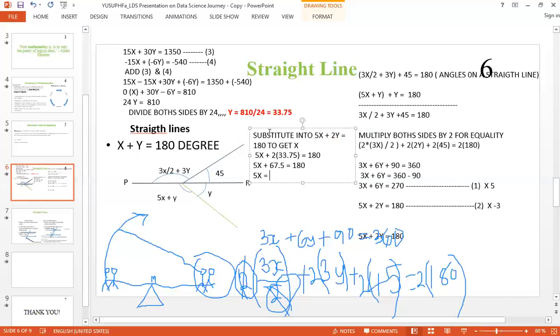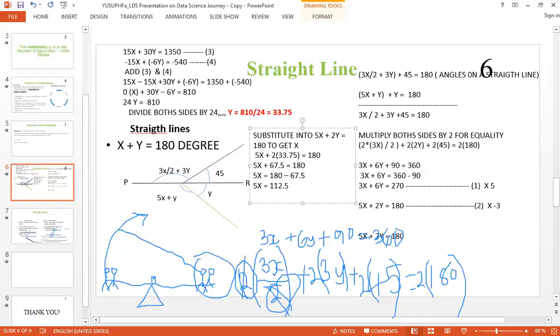Just collect like terms. This is plus 67.5. Take it to the other side. By the time you cross it to the other side of the equation, it becomes minus. You now have 180 minus 67.5. That means your 5x will now be equal to 112.5.